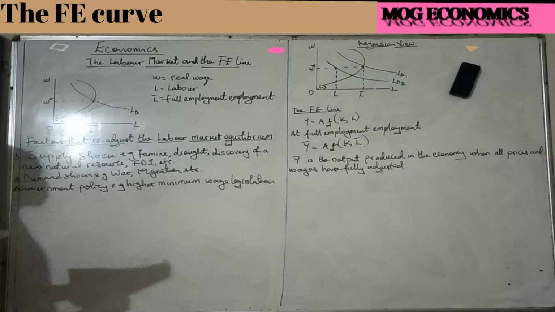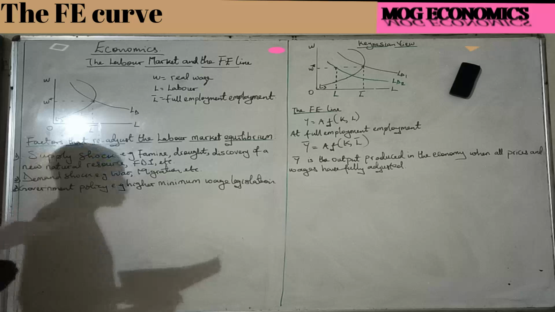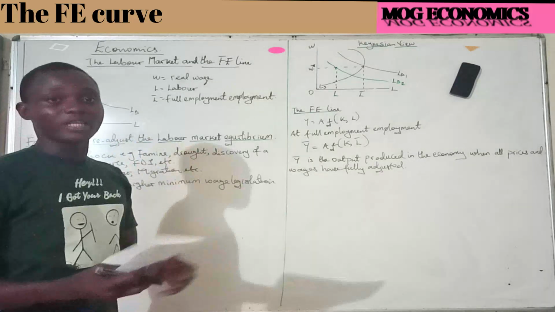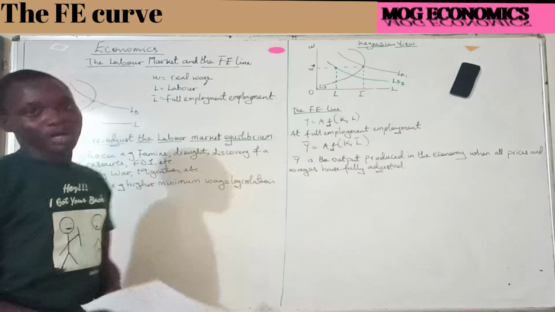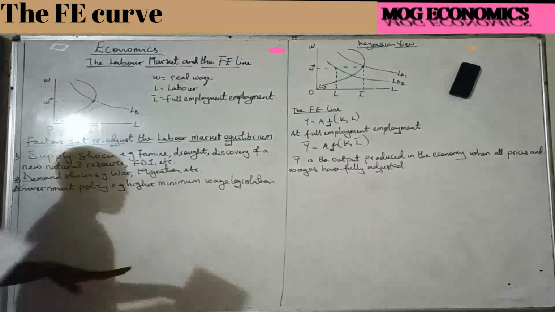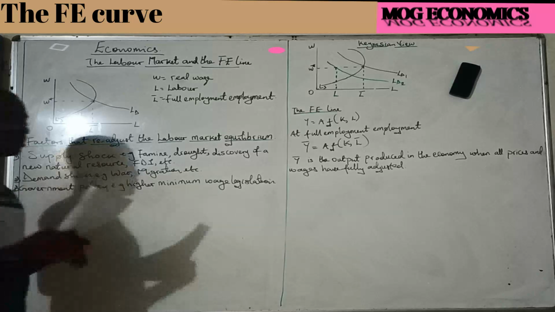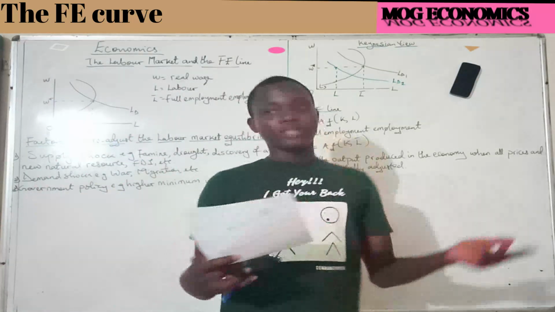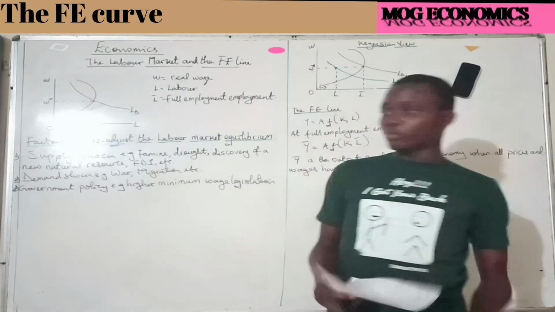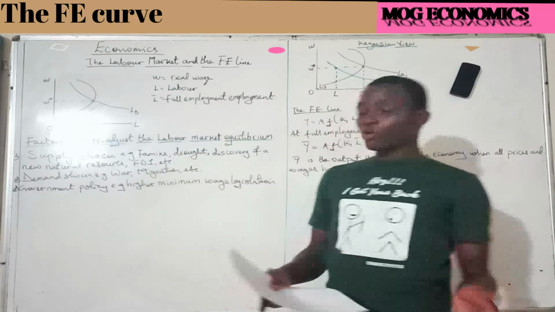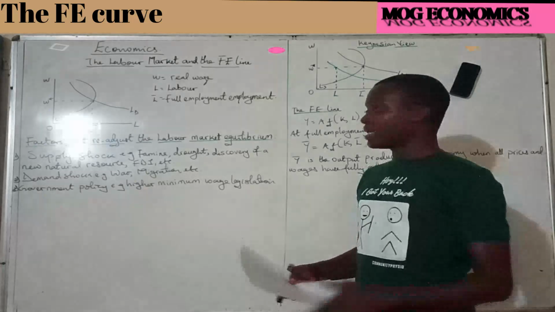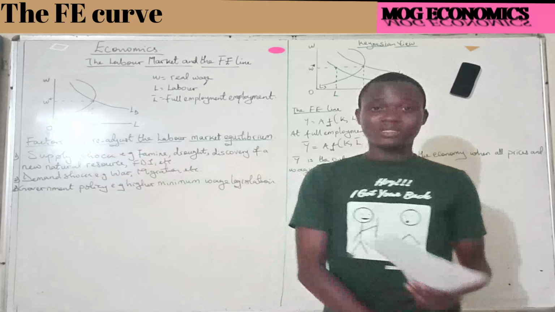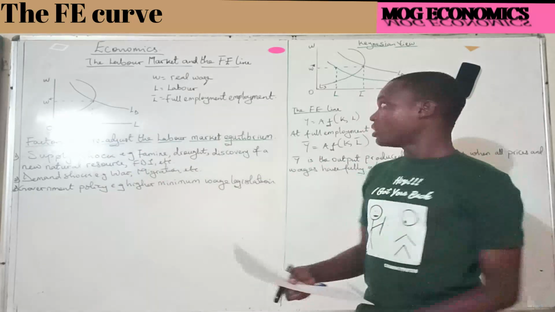Everyone that wants to supply their labor services is able to find a job that fits them. So the labor market is clearing, where all laborers are able to get jobs, and there is no unemployment. Unemployment is zero. So we have a full employment level.